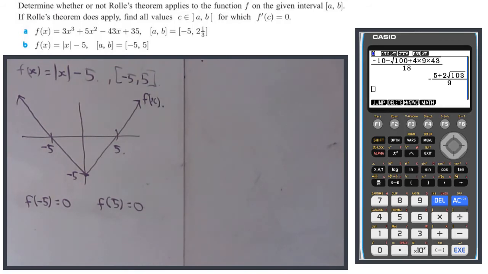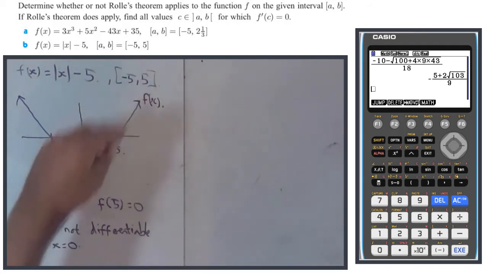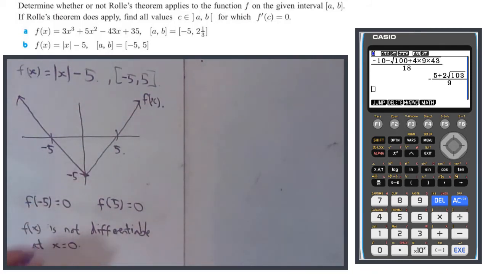So that happens. The problem with this is that f of x is not differentiable at x equals 0. So you can see that if x is greater than or equal to 0, when we're going towards 0 from that way, f dashed x is 1, right?